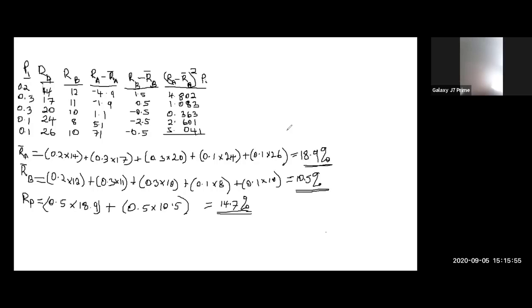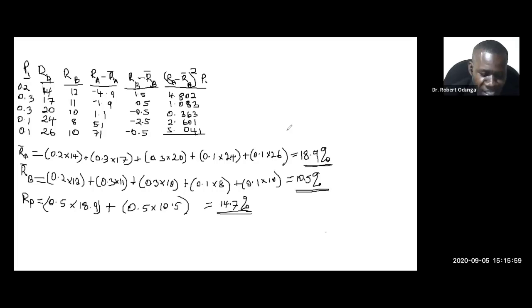Okay. 17 minus 18.9, 1.9, yes, the other one is correct. And then 24 minus 18.9, 5.1, yes. These things are so simple. I don't know why you are missing out on simple calculations like this. 7.1, yes.